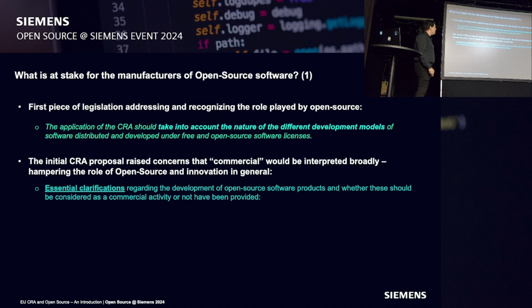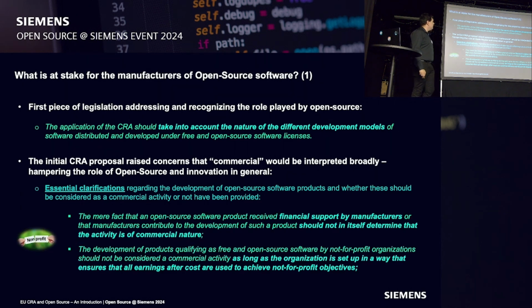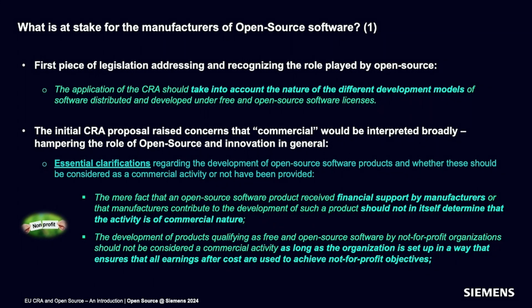It is not considered a commercial activity if the money you get from sponsorship, from manufacturers or from donations is not used for profit purposes. So I think the concept is kind of clear: if you get money out of it, it is a commercial activity. If the money is used for not-for-profit use, then it's not commercial.